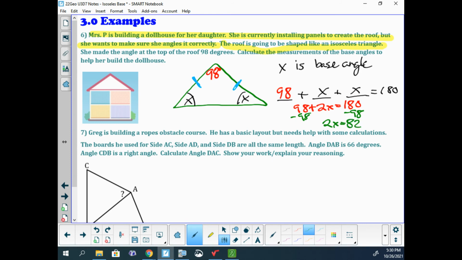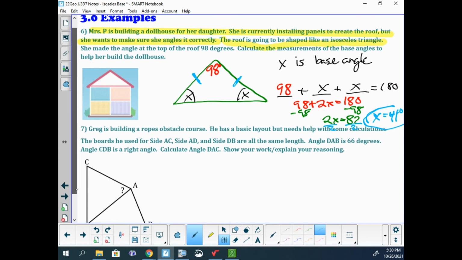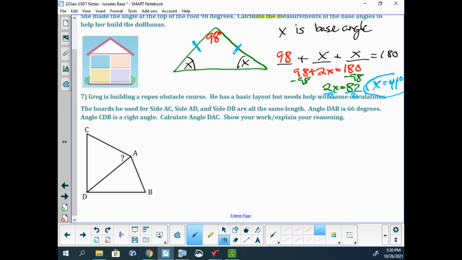And then when we cut that in half, we'll get 41. So both of those angles are 41 degrees. Both of those corner base angles. There we go. Let's look at our next 3.